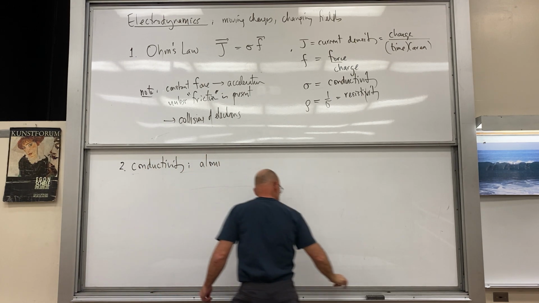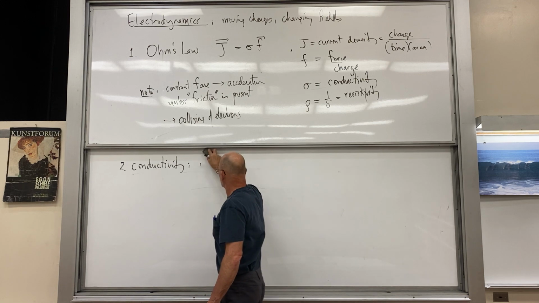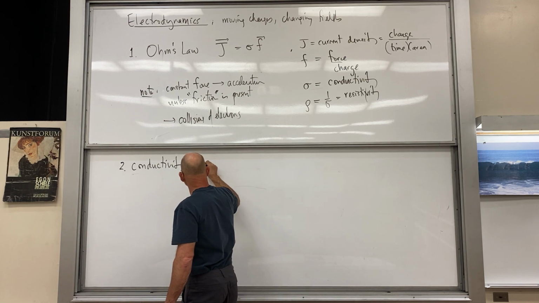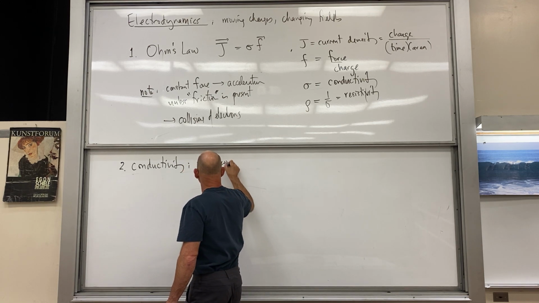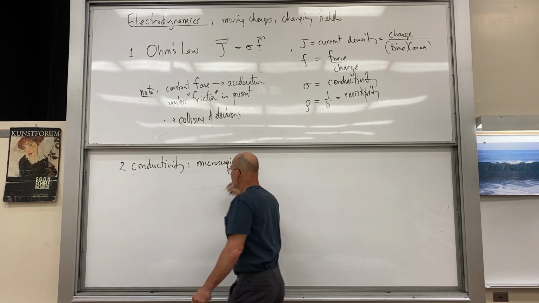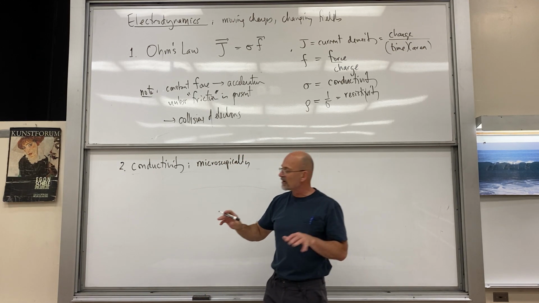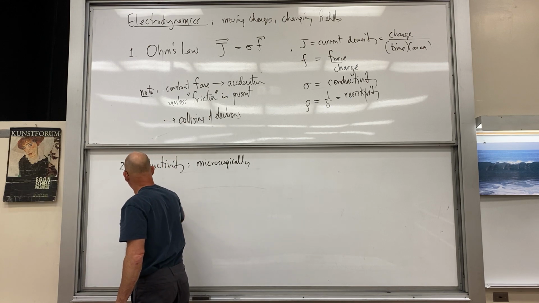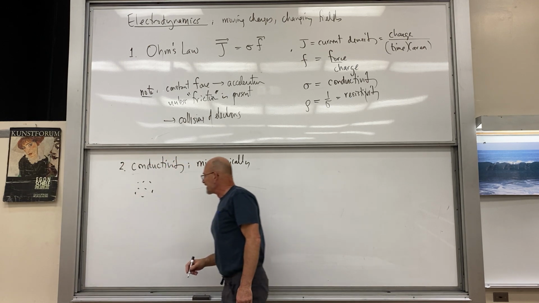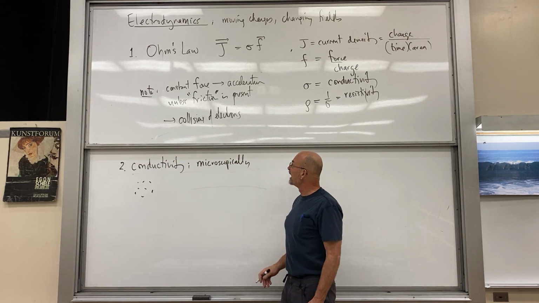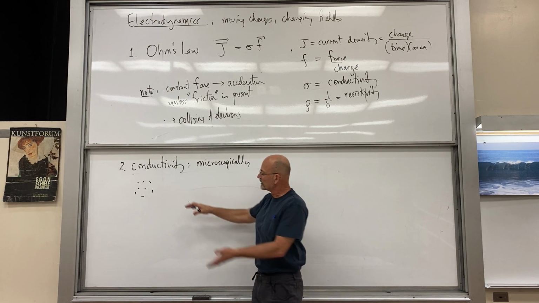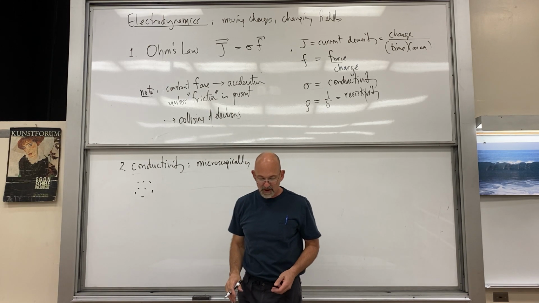Or microscopic would be better. That's what we're thinking, microscopically. Okay, so we have that swarm of electrons. There's some applied fields, some applied force, and so they're going to move on in some certain direction here.